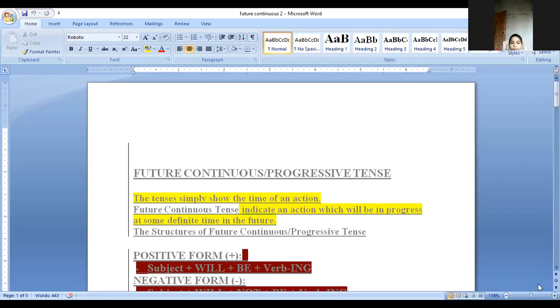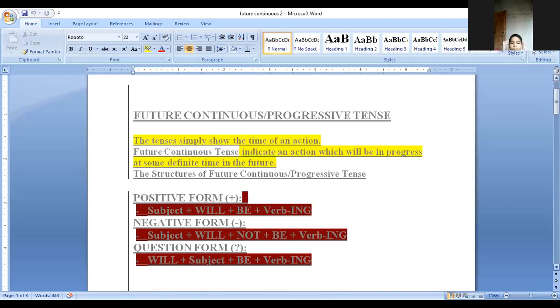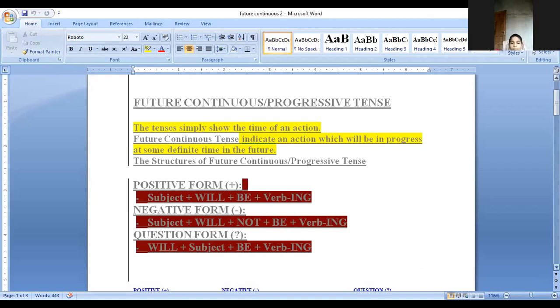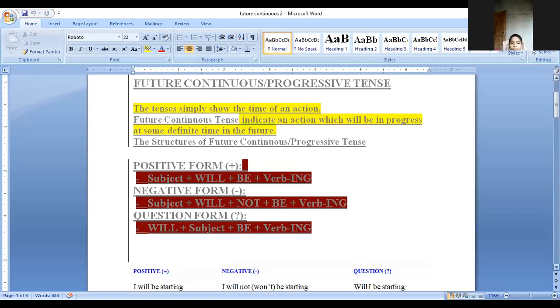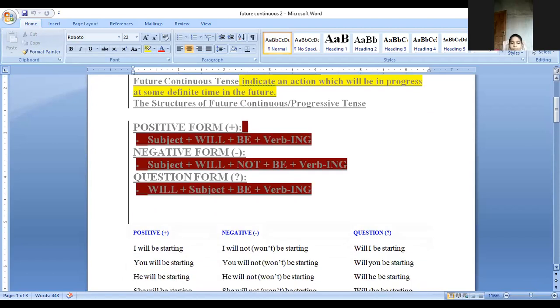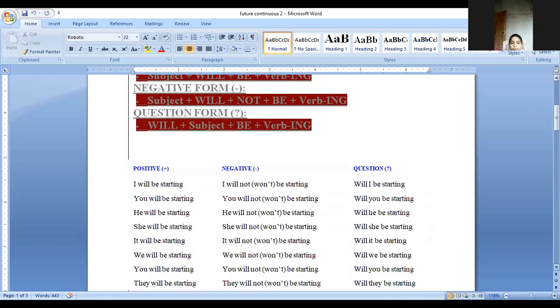Future continuous examples. Future continuous progressive tense, its explanation, everything is given here. What is the positive form, I already gave you on the board, and some examples are given here. The positive form is given on one side, the negative another way, and questions also given.